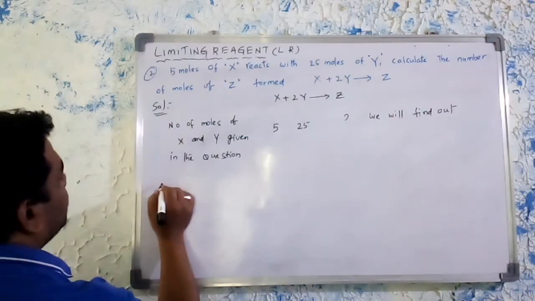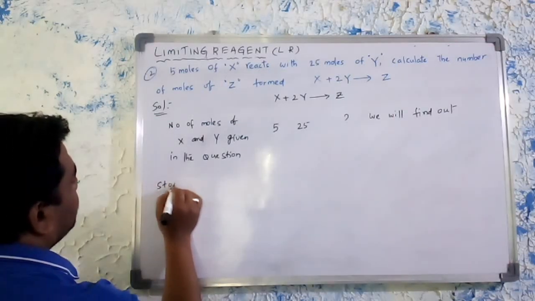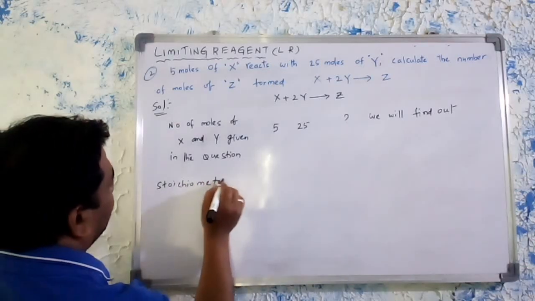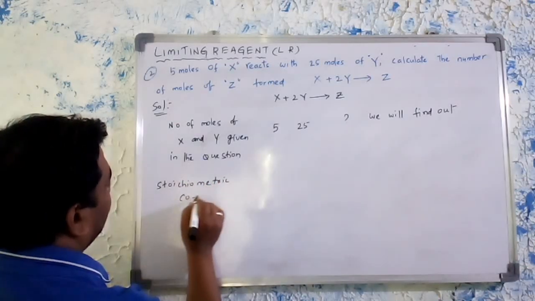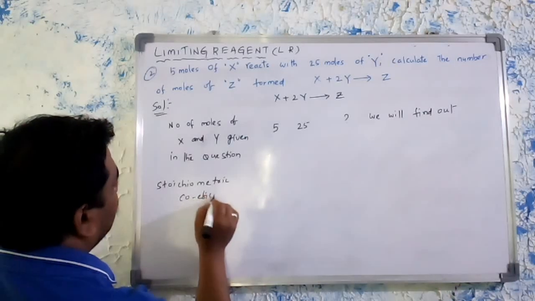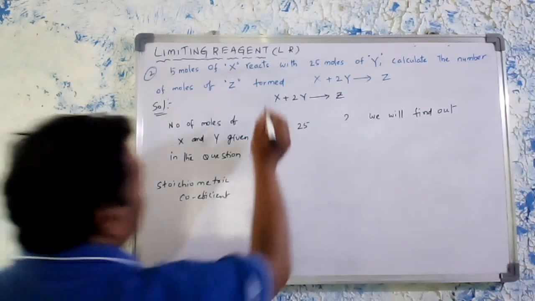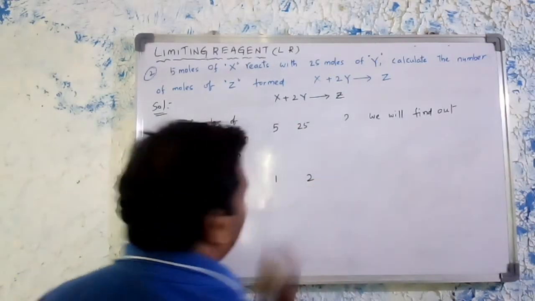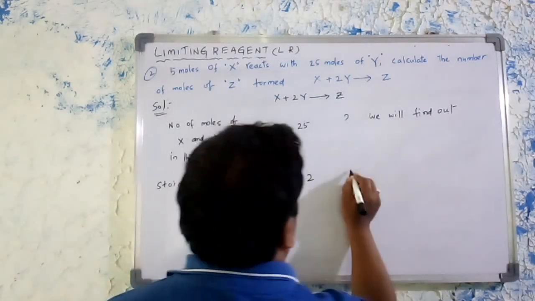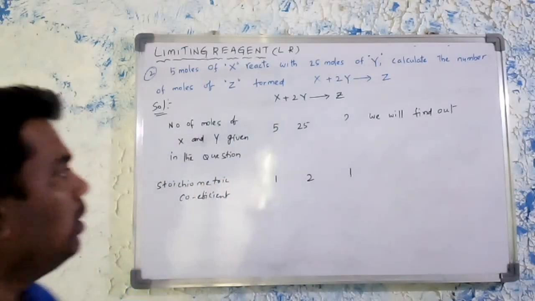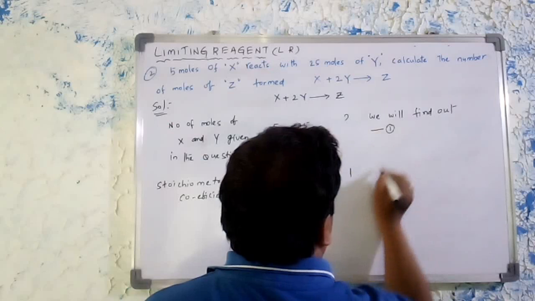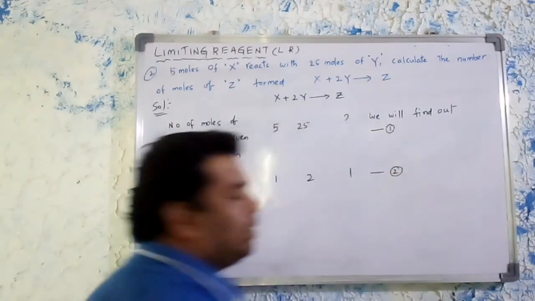Then the stoichiometric coefficients: 1 mole of X and 2 moles of Y give 1 mole of Z. So you can assume this is equation number 1 and this is equation number 2.